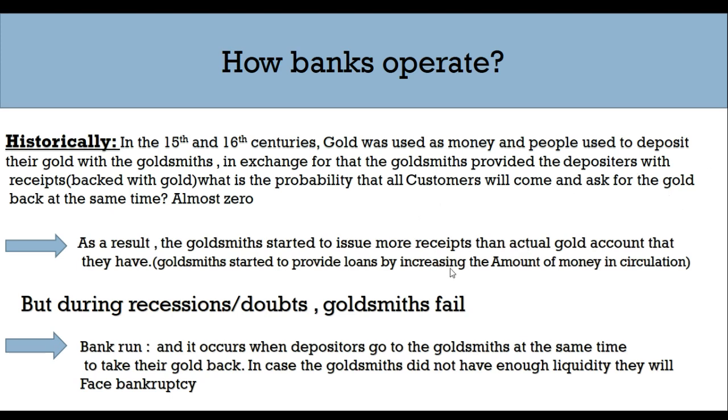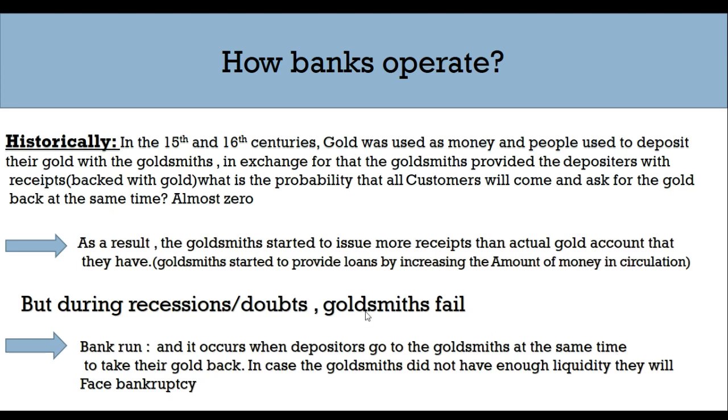But during recessions, or when customers started to have doubts about the goldsmiths, something called a bank run used to happen, which is when the depositors go to the goldsmiths at the same time to take their gold back. So whenever there was an economic problem or trust problem, the depositors would go back to the goldsmith and ask for withdrawing their gold.